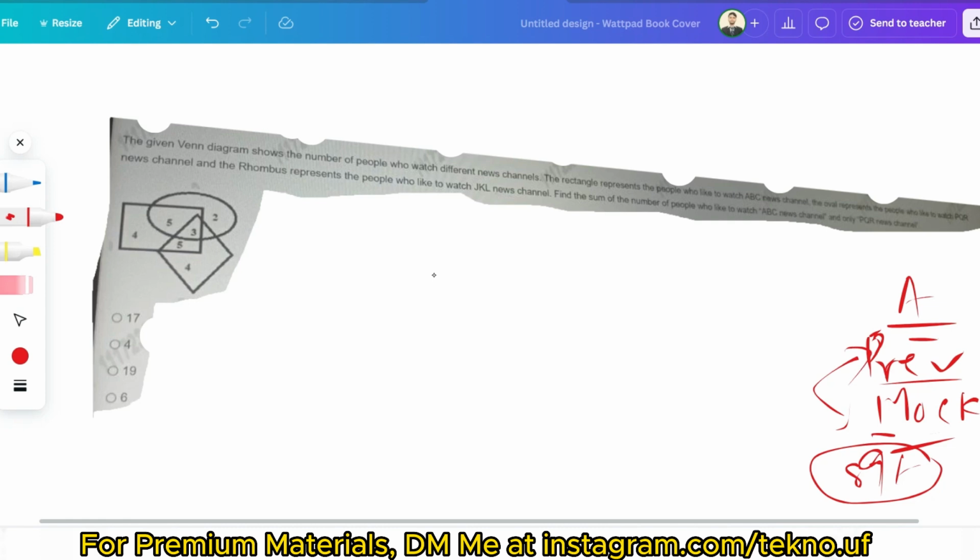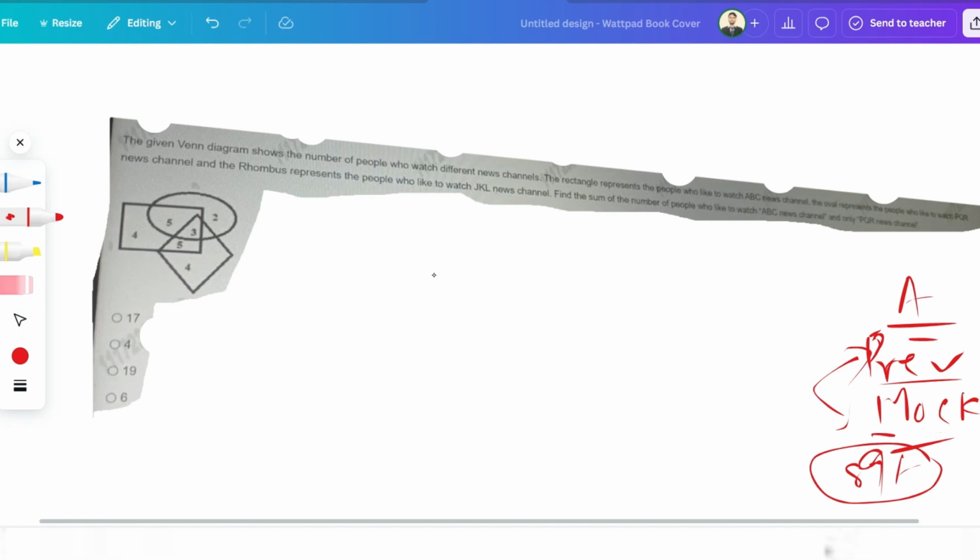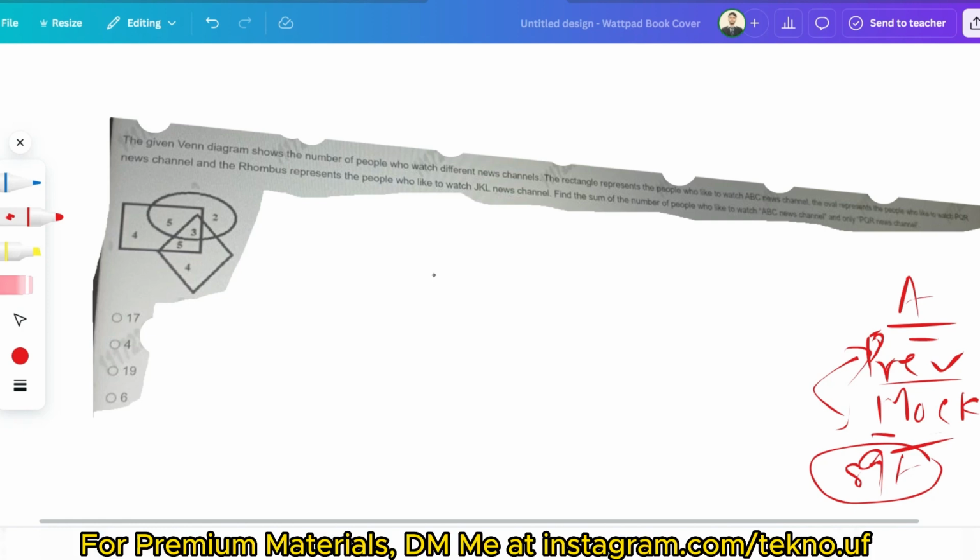Okay, so what will be the solution for this question? The given Venn diagram shows the number of people who watch different news channels. The rectangle represents the people who like to watch ABC News channel. The oval represents the people who like to watch PQR news channel, and the rhombus represents the people who like to watch JKL news.